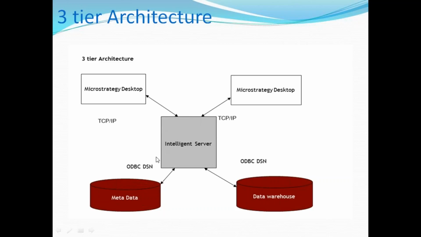And apart from that, when I discussed statistics, I said that in MicroStrategy we have a component called Enterprise Manager, which helps in statistical analysis. That is also helpful with this iServer only. Your Enterprise Manager will be connected to the Intelligent Server and collect those statistics.